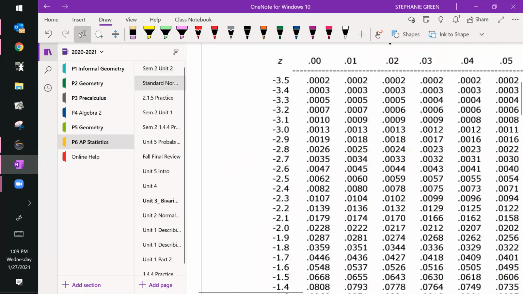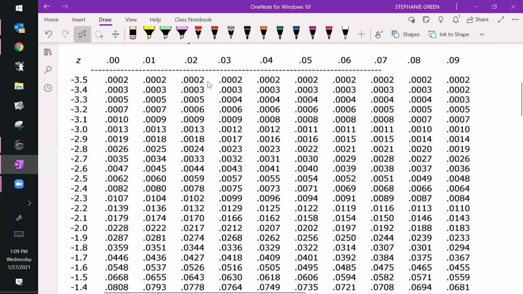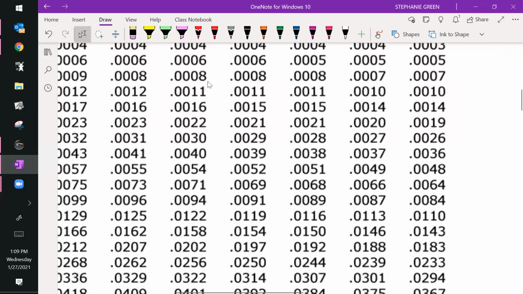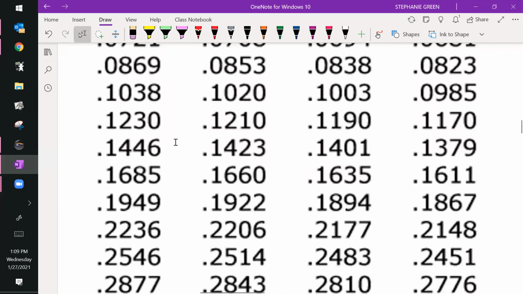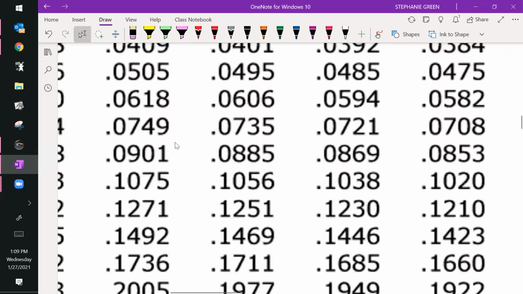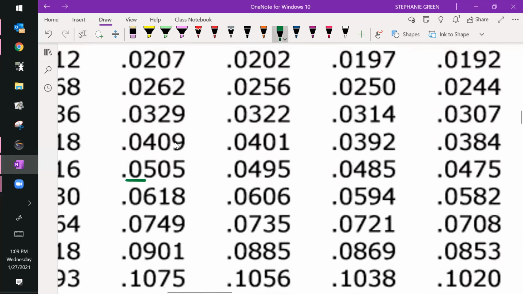All righty. Coming back. 0.05. I think it's about right here. Kind of between, wait, no, that's 0.005. Let's go bigger. Too big. 0.05. There it is. It's between those two numbers.